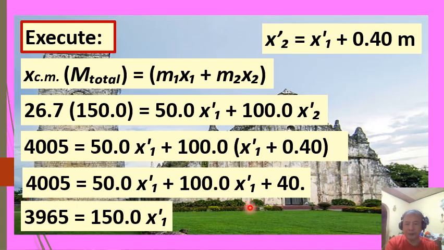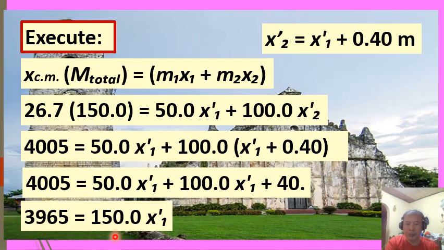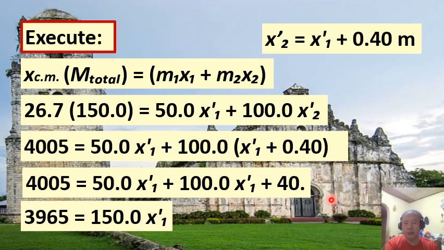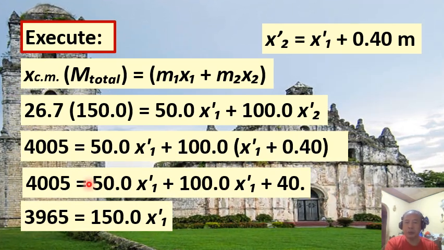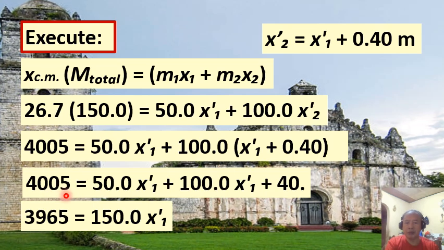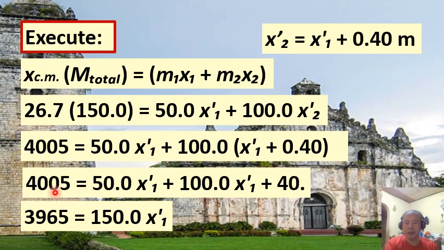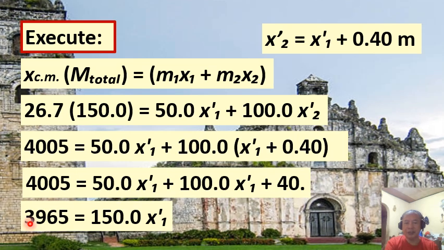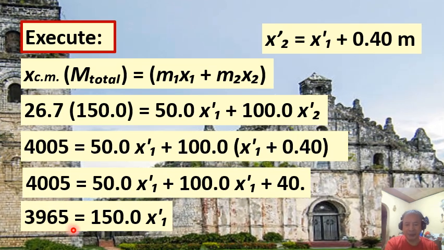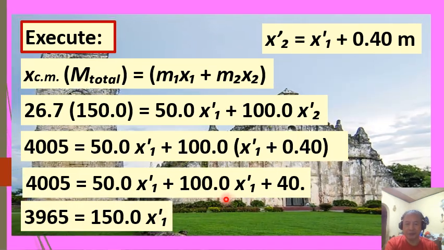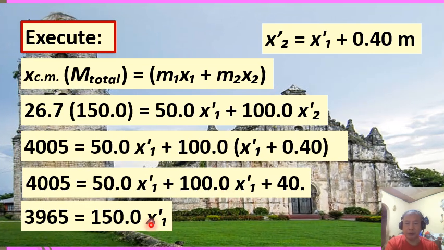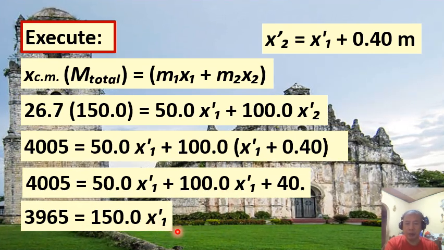So simplifying further, we get 3,965. That's the result of transposing 40.0 to the left side of the equation. That means 4,005 minus 40.0 gives us 3,965. And adding these two terms, we get 150.0 x prime 1.